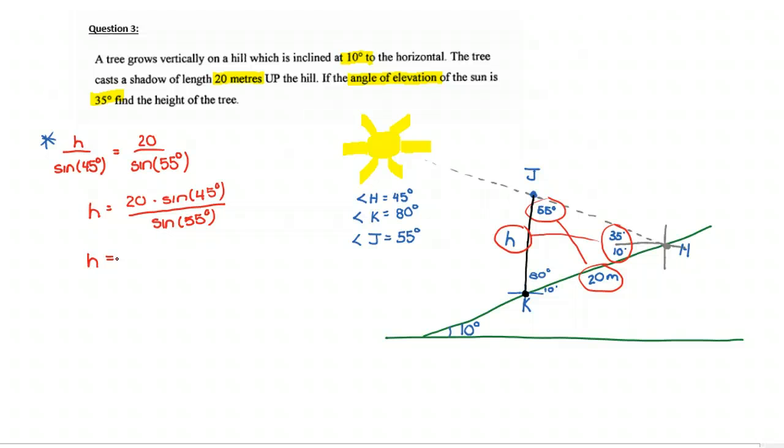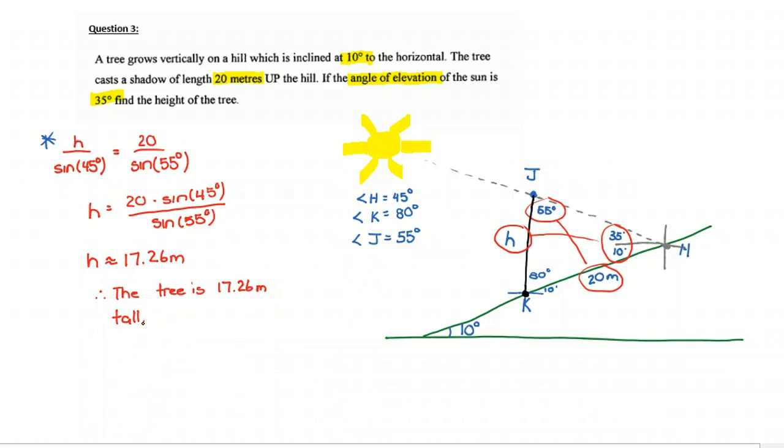So I'm going to say 20 times sine of 45 divided by sine of 55, and I get approximately 17.26 meters. So therefore the tree is 17.26 meters tall.